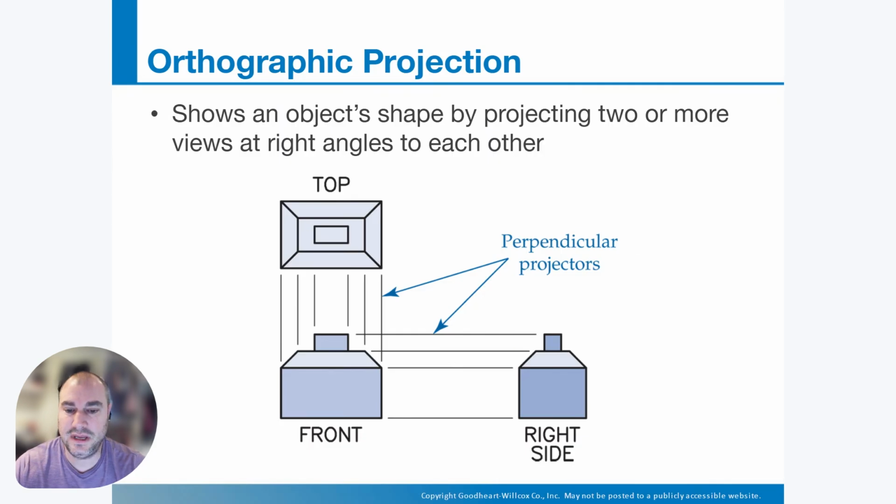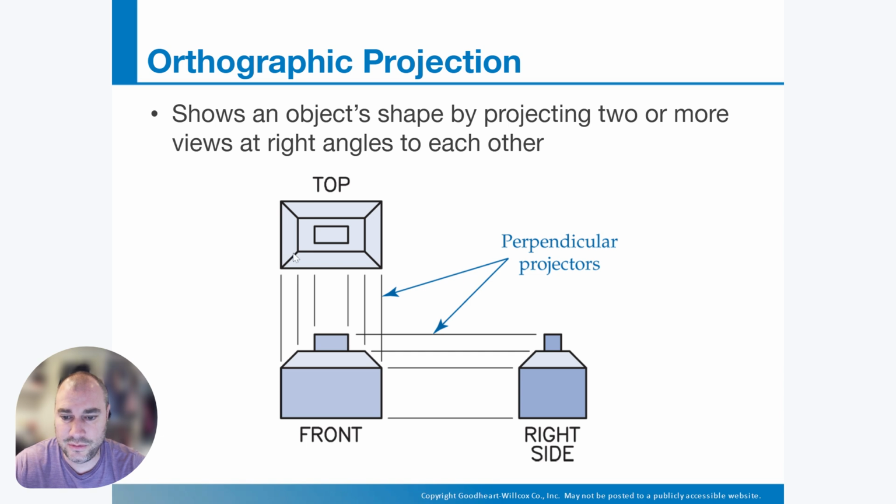Orthographic projection, in my opinion, is one of the most important things to think about. Orthographic projection shows an object's shape by projecting two or more views at right angles to each other, right? So you have the top view here of this object. This is a different object than we were looking at before.